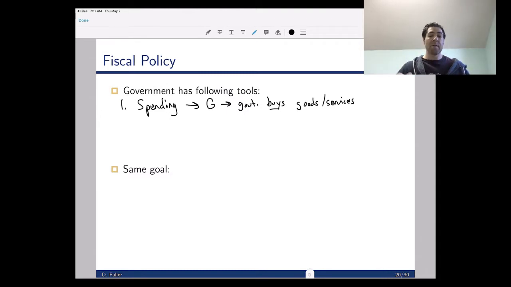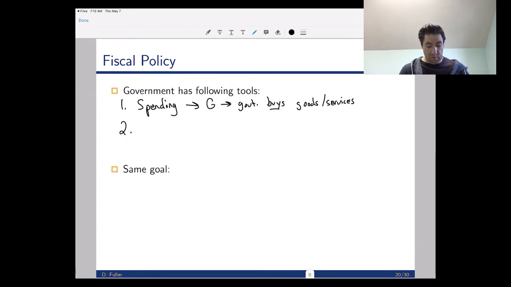So I can start building new schools, build a new library, construct new roads. I can just flat out buy other goods and services, like a bunch of books. Anything you can think of, the government legitimately could decide it wants to buy. And so that is one policy tool. We'll try to understand how that affects the macroeconomy if the government decides to start buying more goods and services. So it can change its spending up or down.